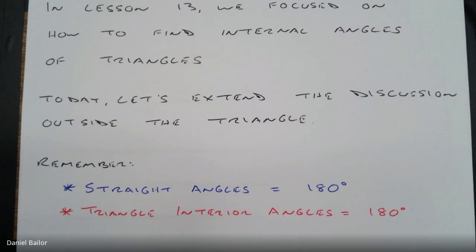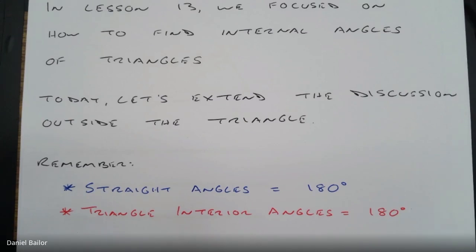So a straight angle is 180 degrees. And if you add up all the angles inside a triangle, you also get 180 degrees. So that is something a straight angle and the inside of a triangle have in common. Both of them total 180 degrees.